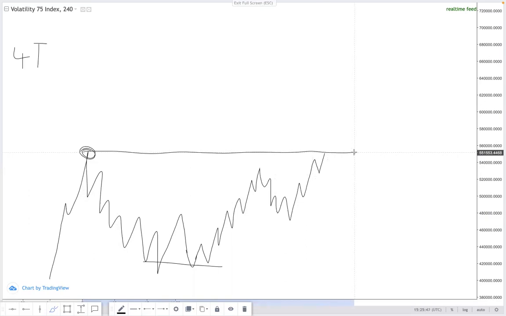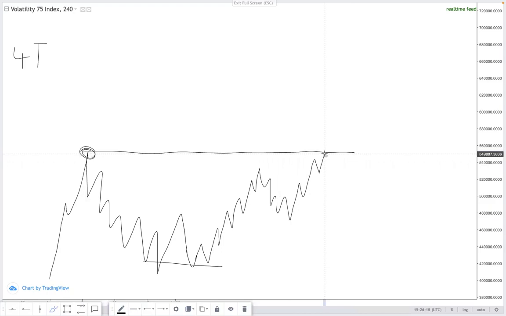According to our strategy, structures in higher time frames are more accurate and more powerful than structures in lower time frames. So I'll be expecting this to play as a pullback.